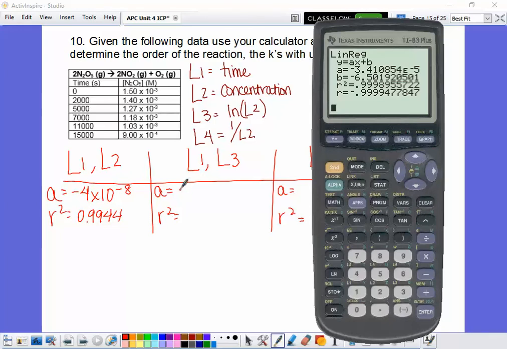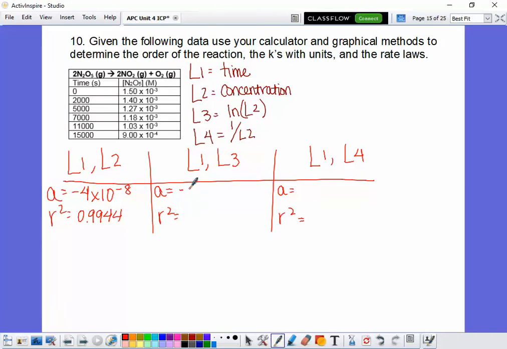So my A is negative, oh, I forgot to change it on my handheld calculator. Negative 3.41 times 10 to the negative 5, and my R squared is 0.9998. Okay.